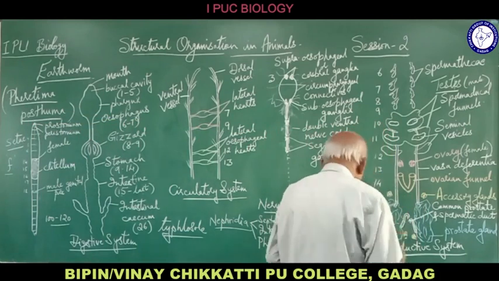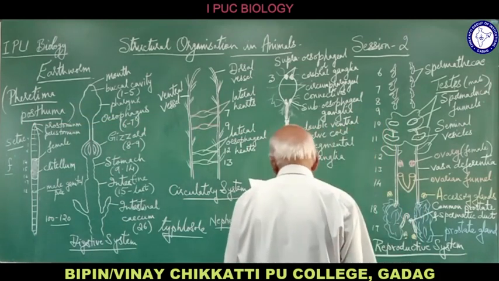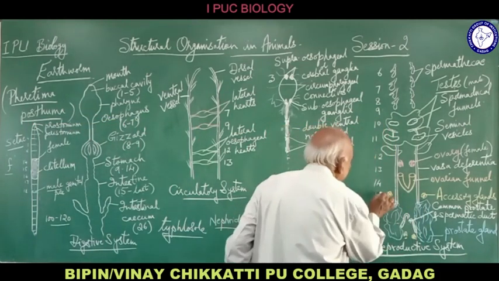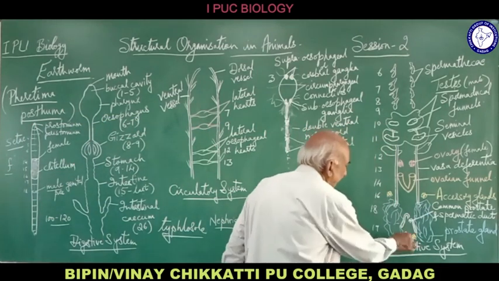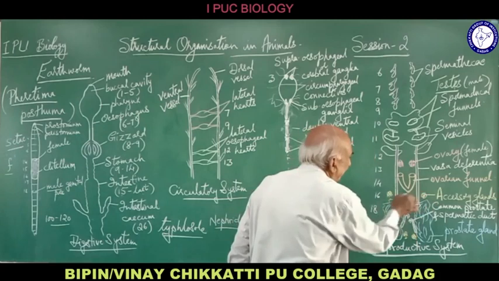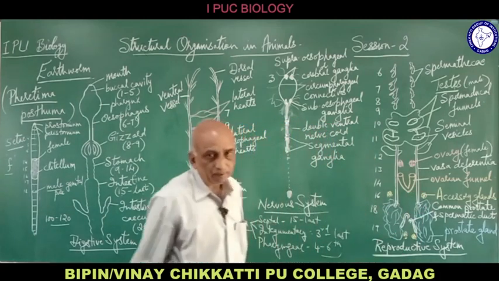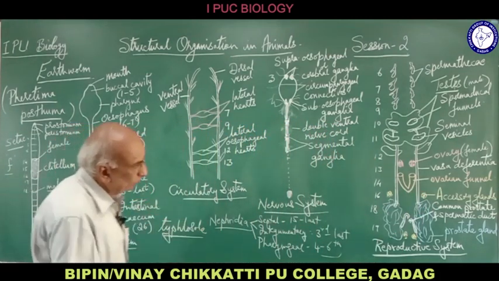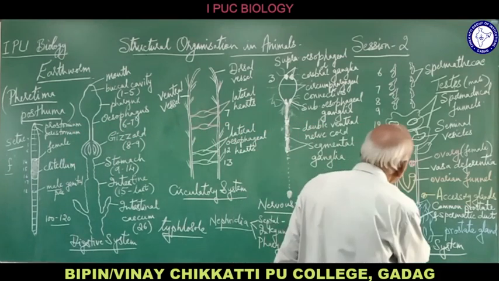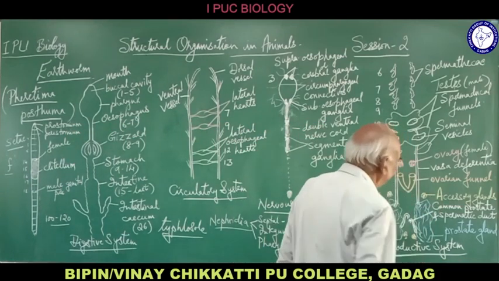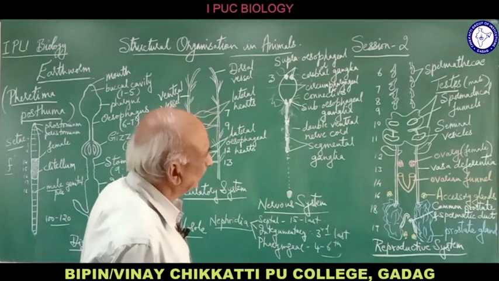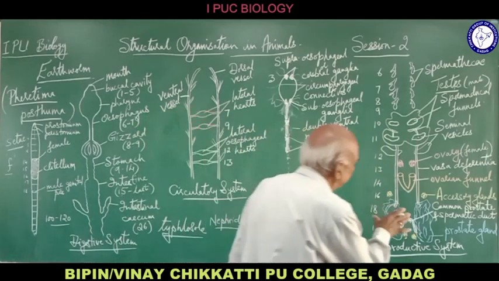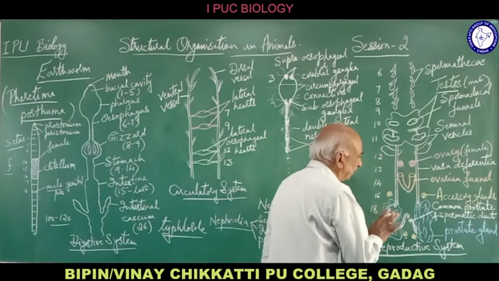And in the 16th segment and the 19th segment, there are two pairs of accessory glands. Those accessory glands also help in the reproduction by releasing certain secretions. That is this part of the male.